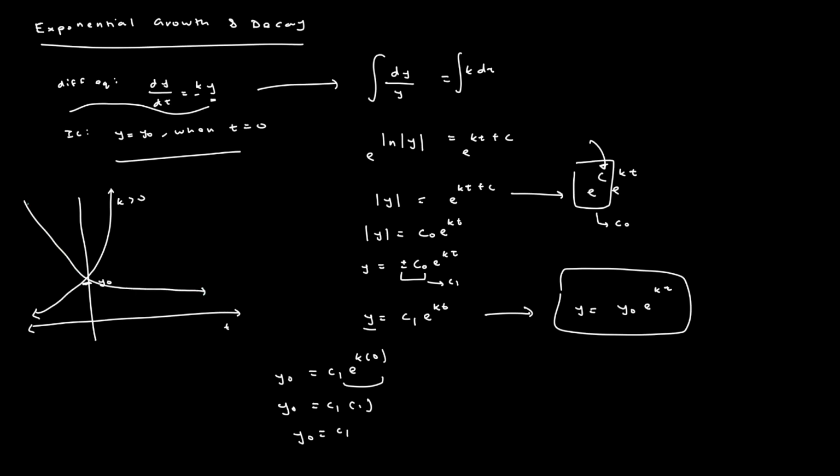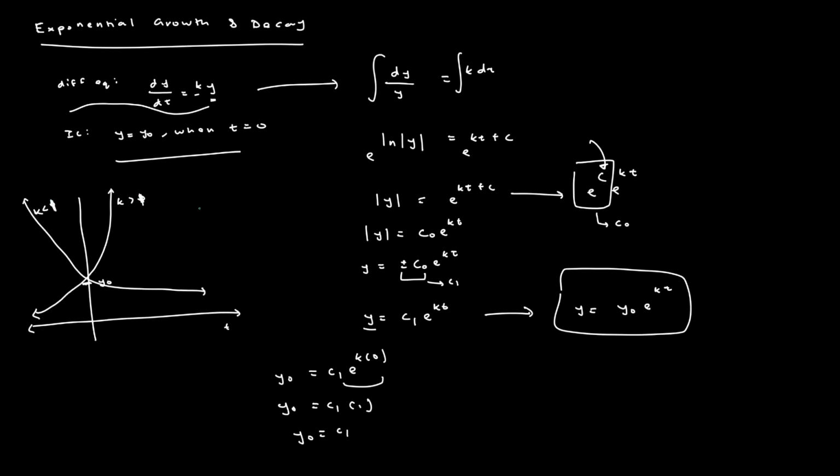So the behavior of the function depends on what k looks like, but in both cases we have some exponential properties. Now, actually this should be k is greater than 1 and k is less than 1, my bad.